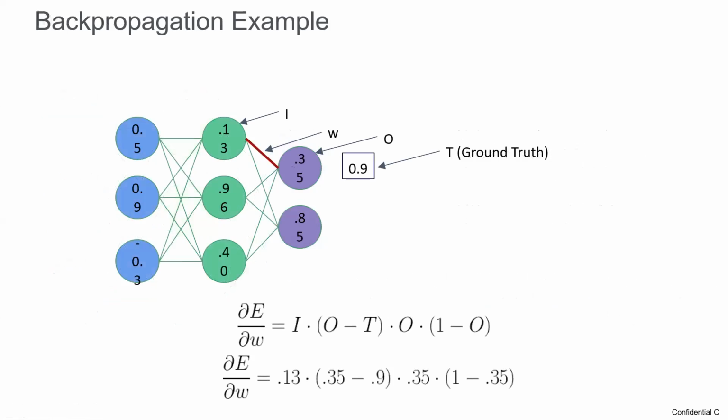Just assume that the actual value, the ground truth, is T, the predicted values are O, and I is the input neuron value. Now, as I mentioned, in backpropagation we compute the gradient value. There is an algorithm called gradient descent, where we compute the gradient with respect to the error, and then do a weight updation.